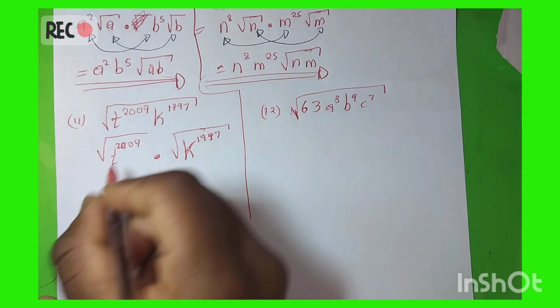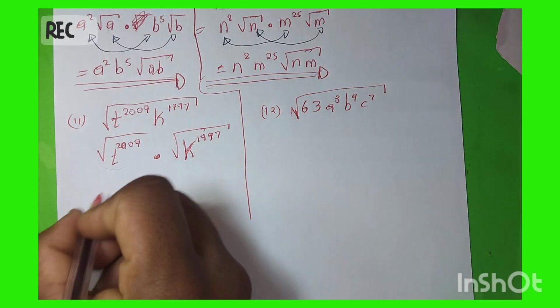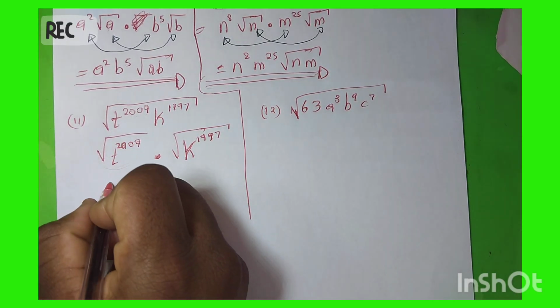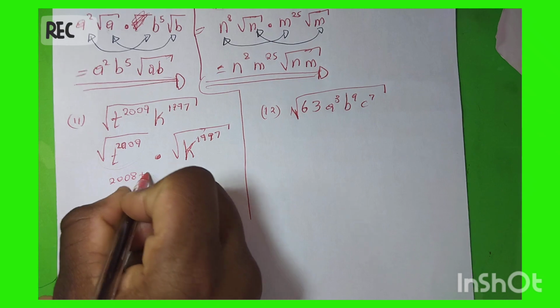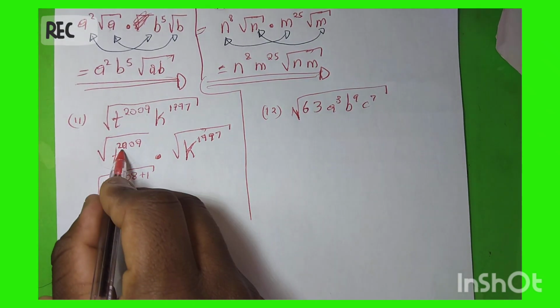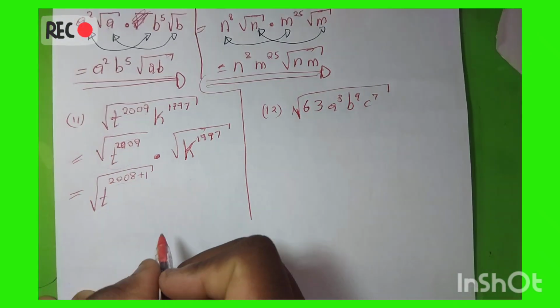And now you break this thing and introduce an even number, which is 8 plus 1 for t, because when you add, it still gives you the same 9.